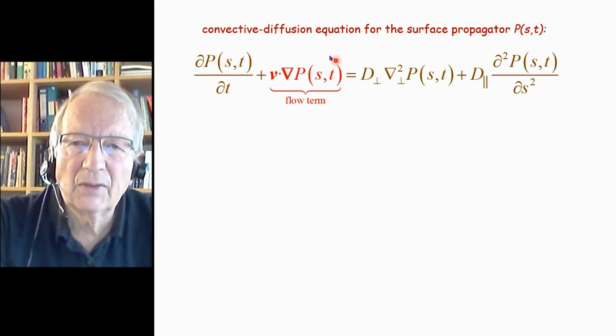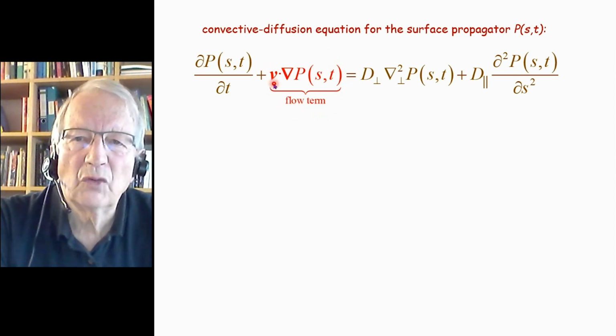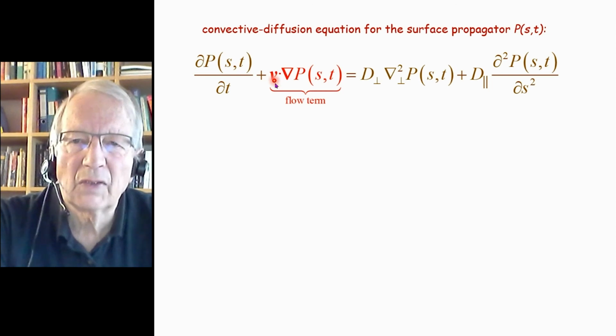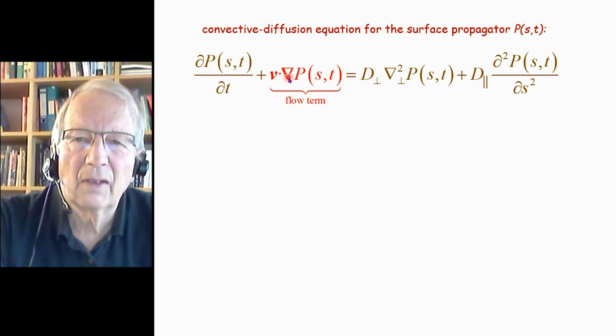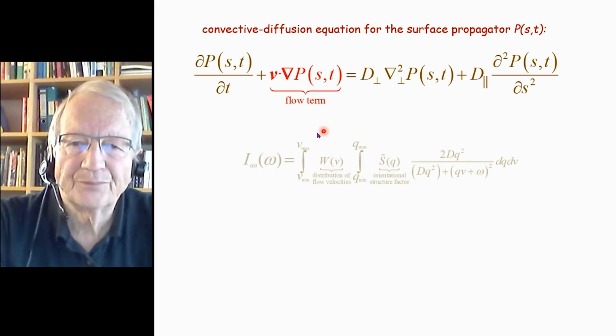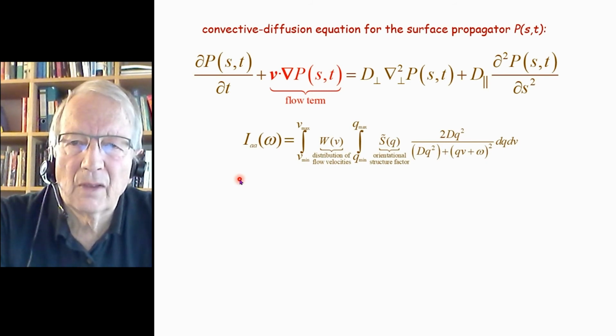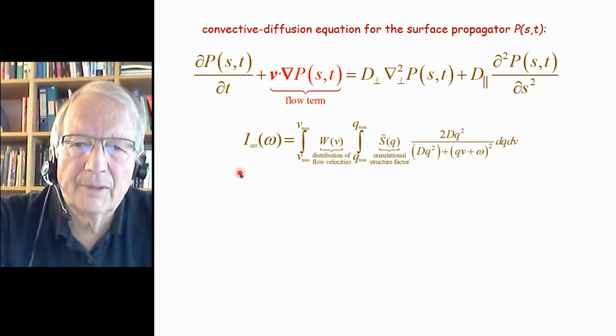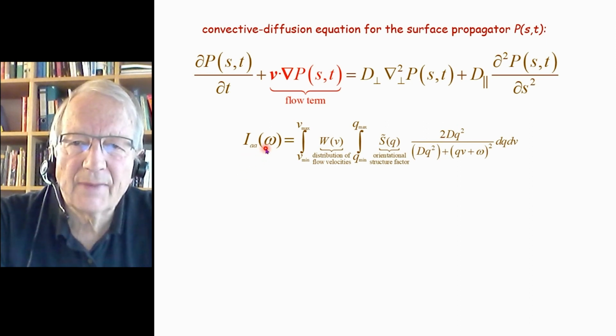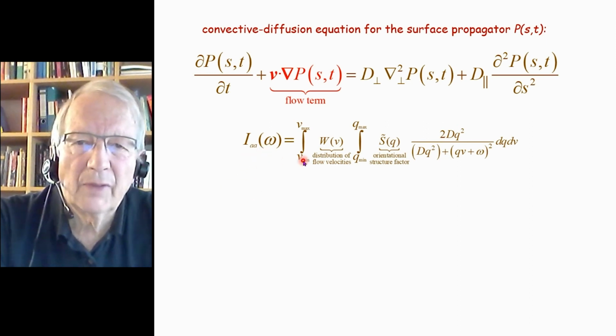And you see there's an additional term, the flow term. It's the velocity, and this is the gradient of this surface propagator. Now, the spectral density can be formed in this way.